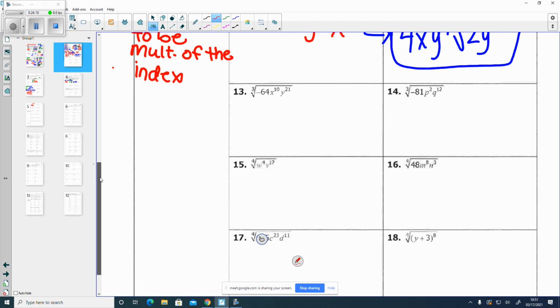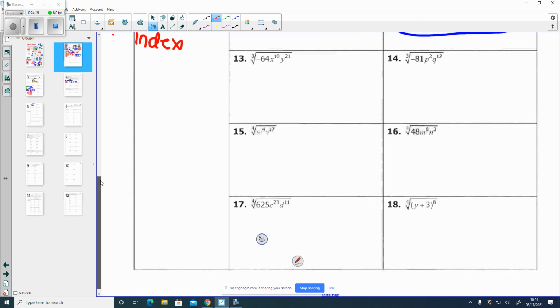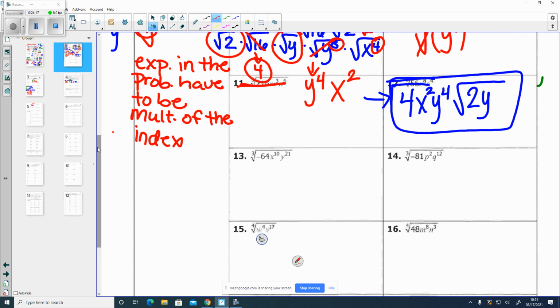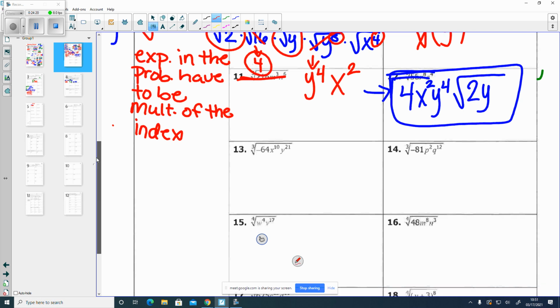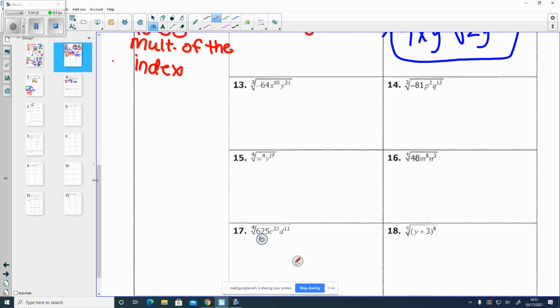Okay. So because the index is 3, that means the exponents have to be multiples of the index. So in this case, for 13, those exponents have to be multiples of 3. Not 2. Well, 21 is good, because 21 divided by 3 goes in evenly at 7. So we're good there. But is 10 a multiple of 3? No. Okay, so we are going to have to mess with that one.